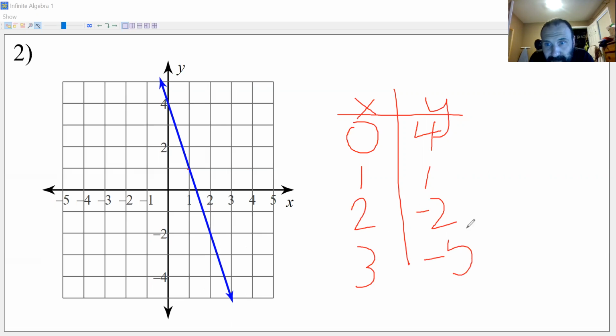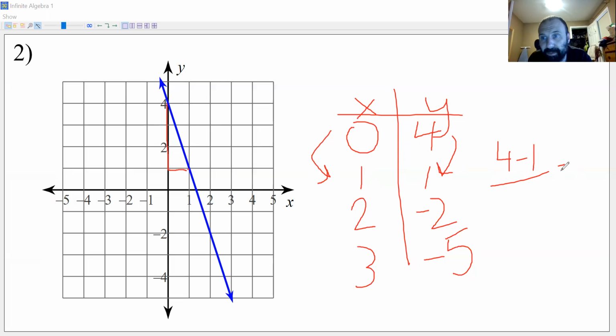So let's see if we can find what the slope is. Now, again, we could find 2 nice points and draw a triangle like we did here, or we can look at this, right? And look at the change in Y over the change in X, right? Remember, slope is all about change. So from 4 to 1, I can just do that in my head. 4 minus 1.